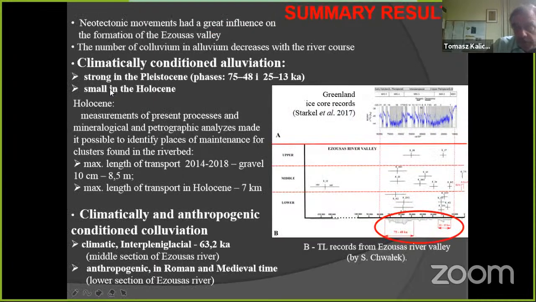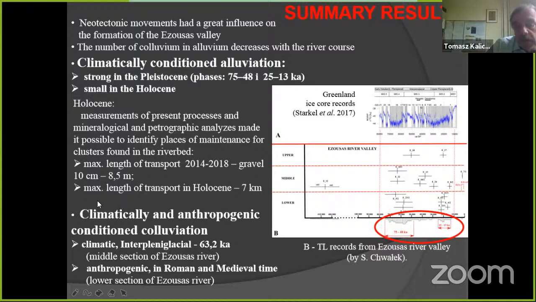If you're looking at the TL datings, we can say that we have climatically conditioned alluviation, strong in the Pleistocene in 2 phases, 75 to 48 and 25 to 13 Ka, and very small in the Holocene.